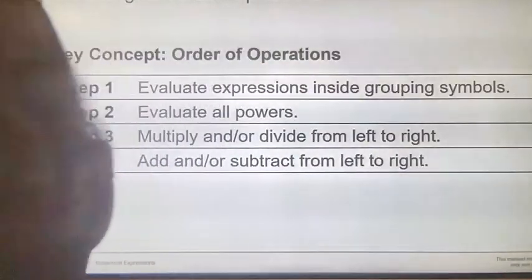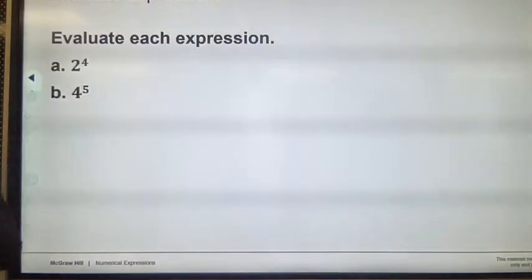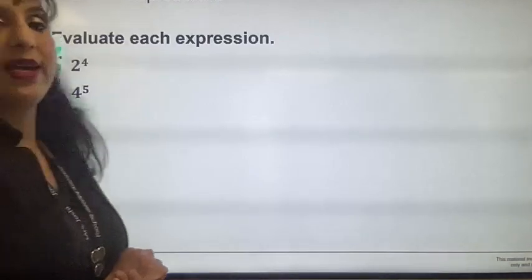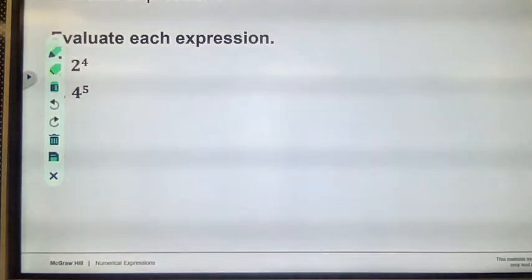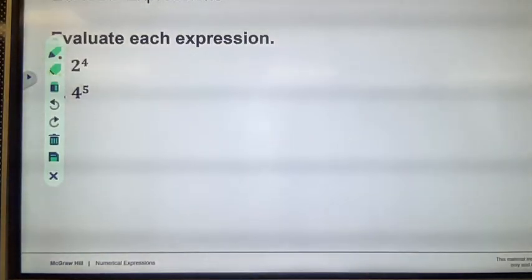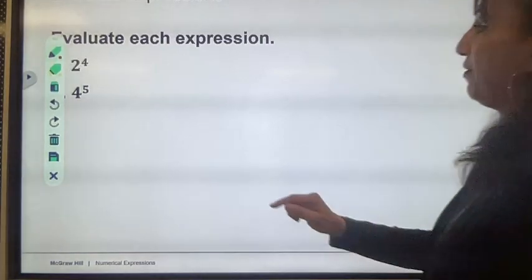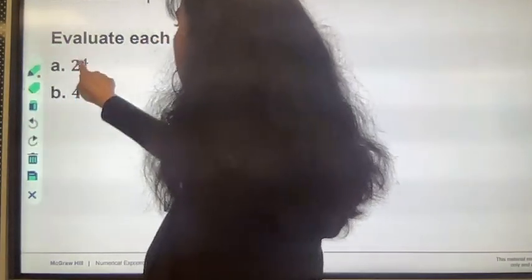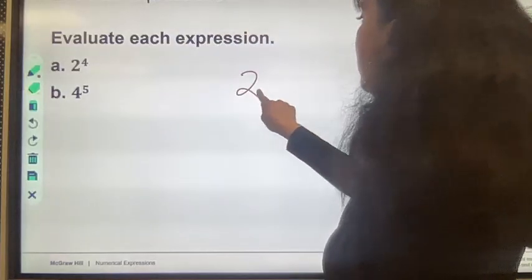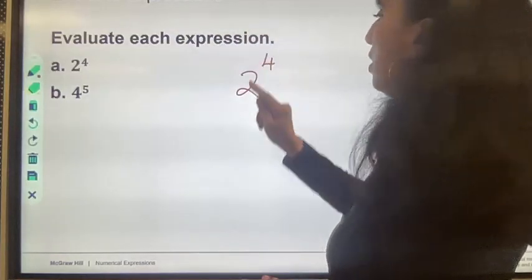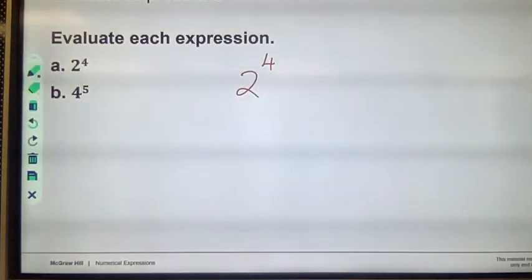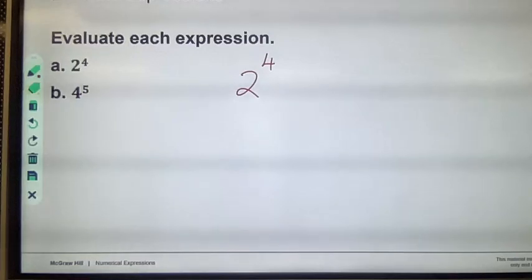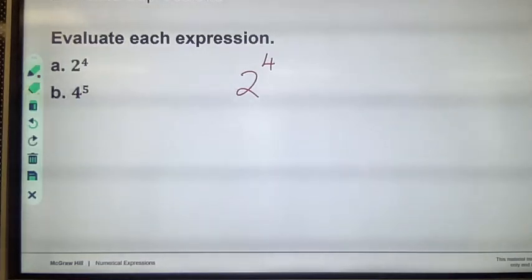Okay, so let's go ahead and evaluate each expression. And as we can see, we have the base in the first one. Let's look at this. 2 is my base. 4 to the 4th power, that is the exponent. So we are going to use 2 as a factor 4 times.